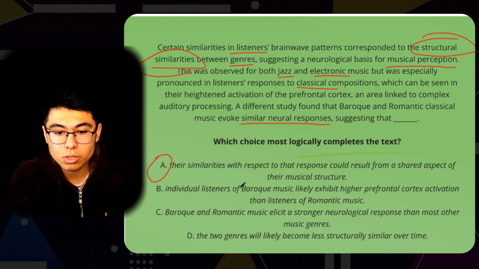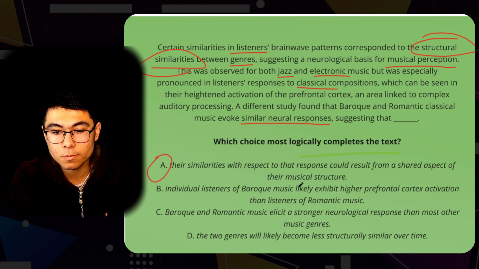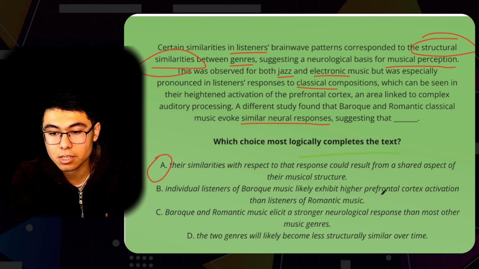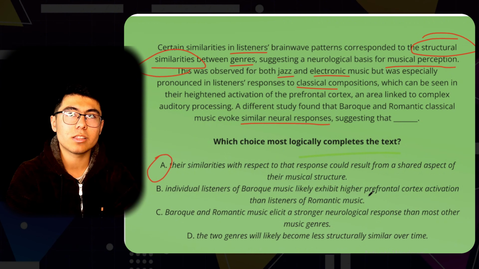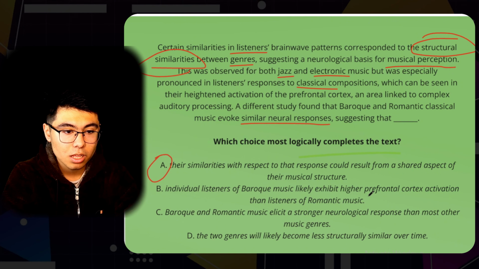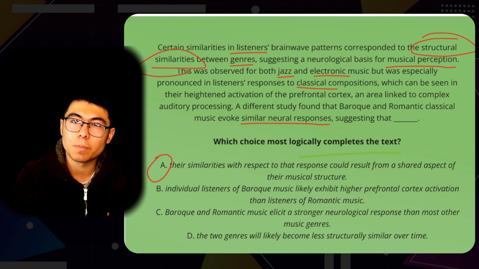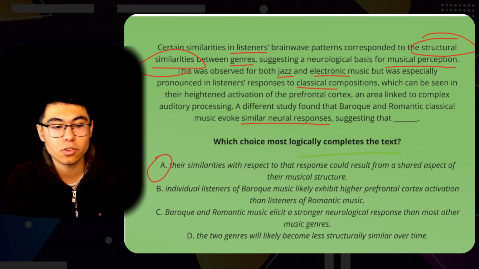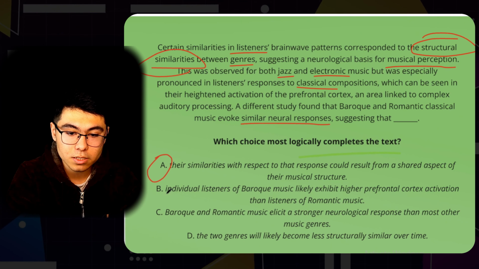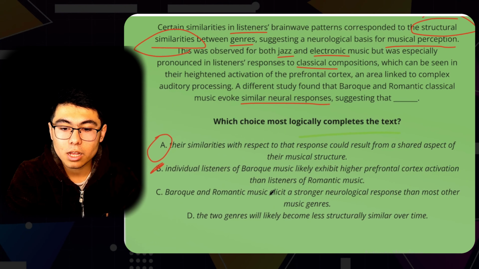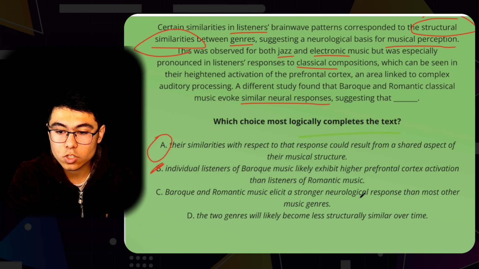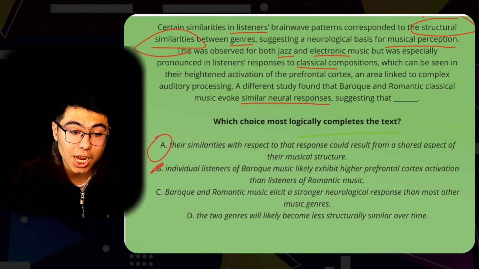Choice B, individual listeners of Baroque music likely exhibit higher prefrontal cortex activation than listeners of romantic music. Well, the passage doesn't compare the strengths of the response between the two genres, so that's why B is the wrong answer choice. Choice C, Baroque and romantic music elicit a stronger neurological response than most other music genres.